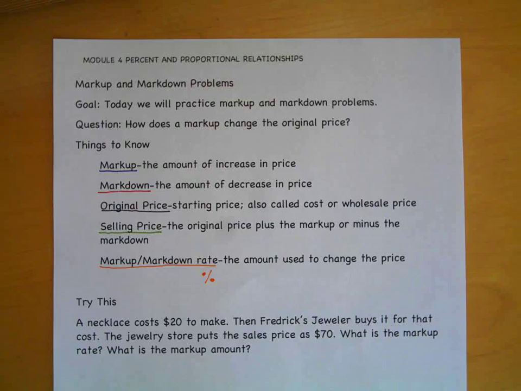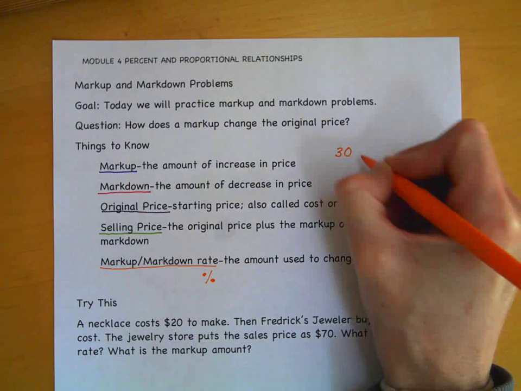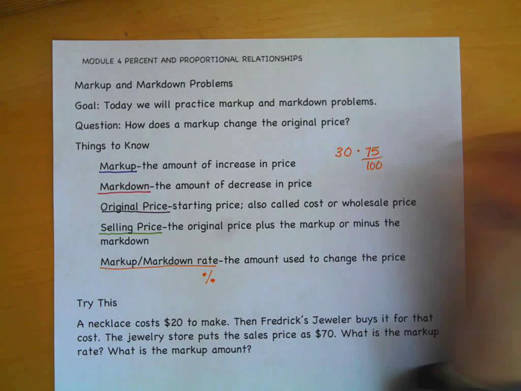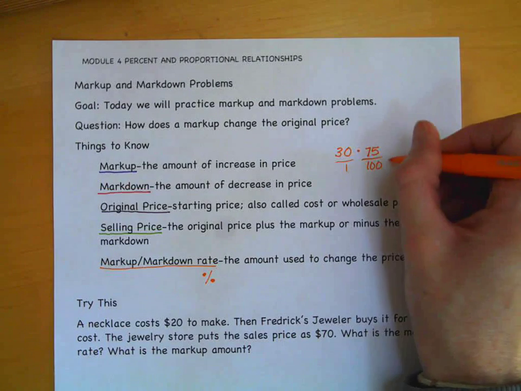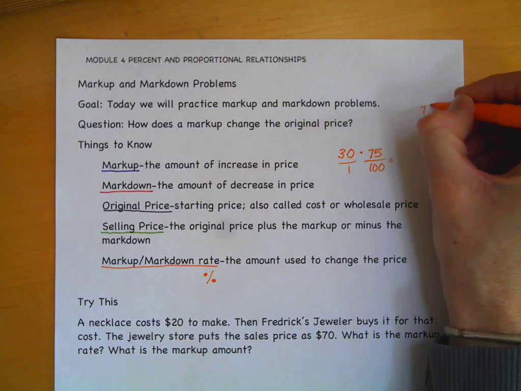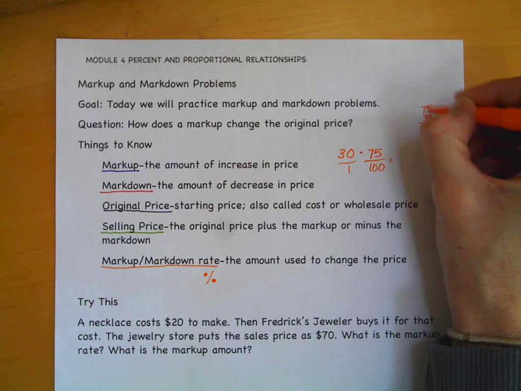When they take 30 times 75%, it would look like this. You have 30 as the original price times 75%, which is the same thing as 75 over 100. Then they multiply straight across and you get 75 times 30.